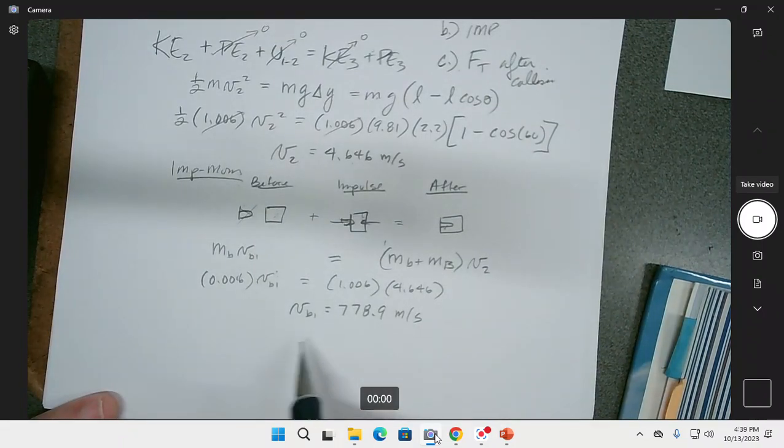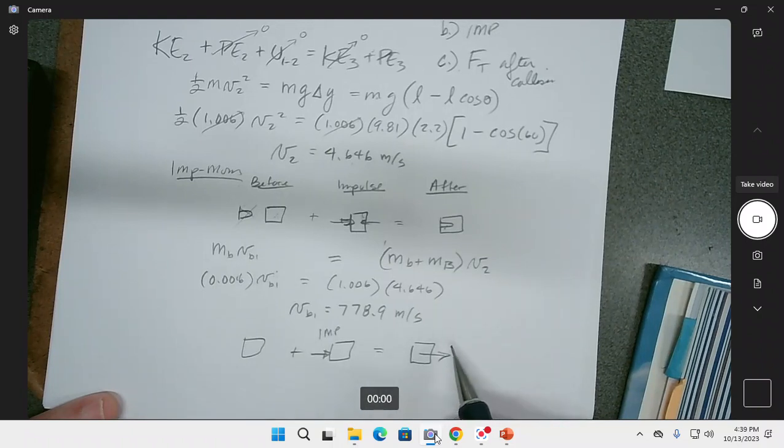And you would say box plus some impulse acting onto it is equal to box moving at that amount. And that impulse would be force times time.